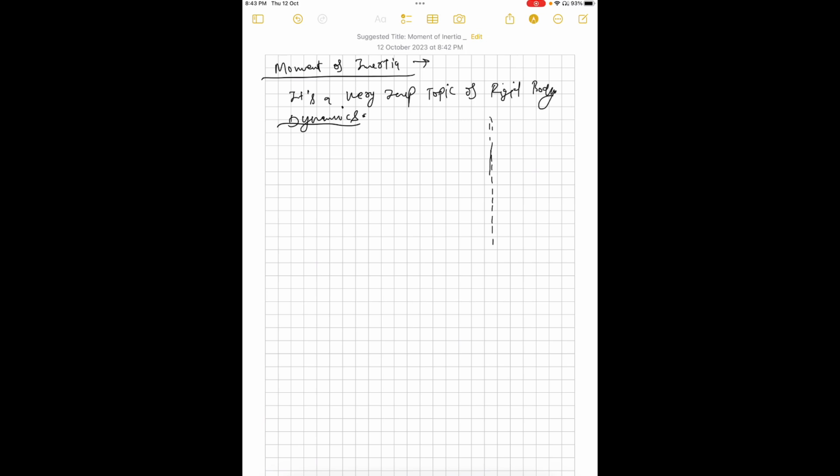Say it is our axis, and I have a mass m at a distance r, and this is our axis. So I am rotating this mass about this axis.